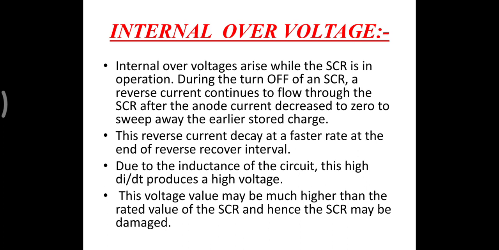This reverse current decays at a fast rate at the end of the reverse recovery interval. Due to the inductance of the circuit, this heavy di by dt produces high voltages. This high voltage value may be much higher than the rated value of the SCR, and hence the SCR may be damaged.